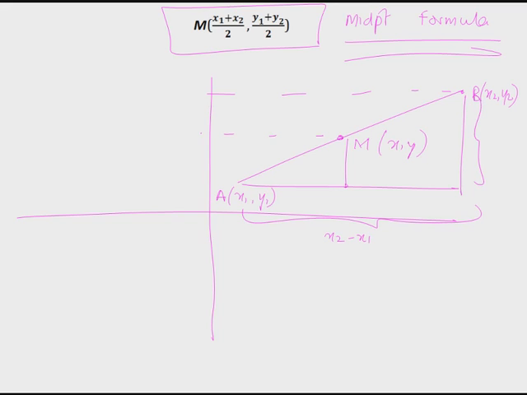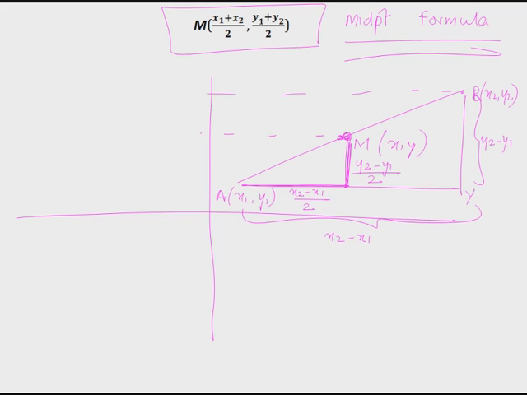I know this entire distance is y2 minus y1. Since this is the midpoint and since we discussed similar triangles, I therefore know that this distance should be y2 minus y1 by 2. It should be half the distance. And I know that this distance should be x2 minus x1 by 2. It should be half the entire length.